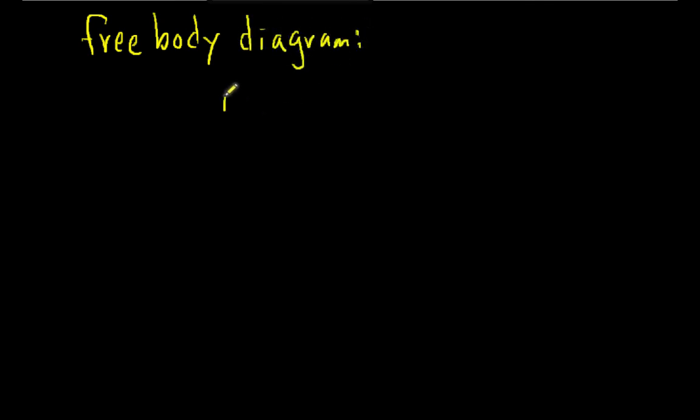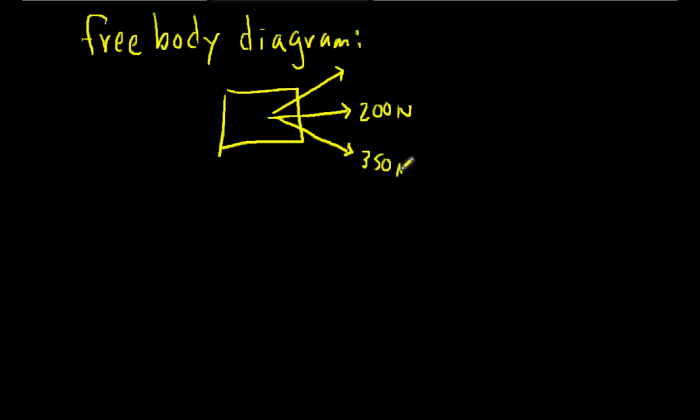We'll start this problem with a free body diagram. The crate is drawn with its 3 forces in generally the right direction: 200 newtons, 350 newtons at 30 degrees, and 400 newtons at 20 degrees.